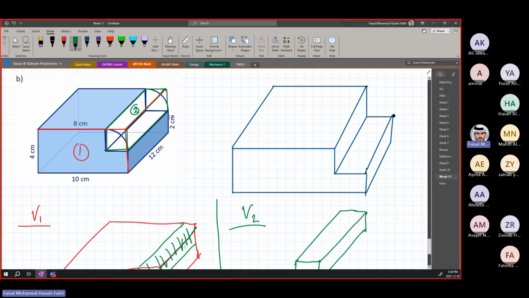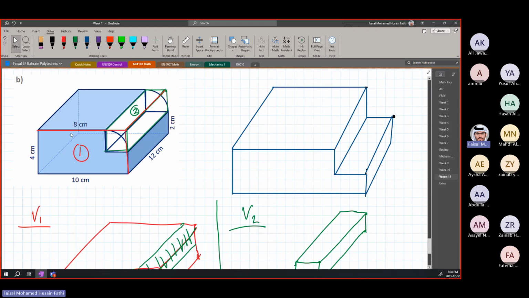So what's V2? Look at the dimensions. This is given as 8, and this total distance is 10. So what will this distance over here be? This is going to be 2 centimeters, right? Because this is 10. If I draw the line from here to here, this is all 10 centimeters, and then up to this point, if we cut it, this is 8 centimeters.